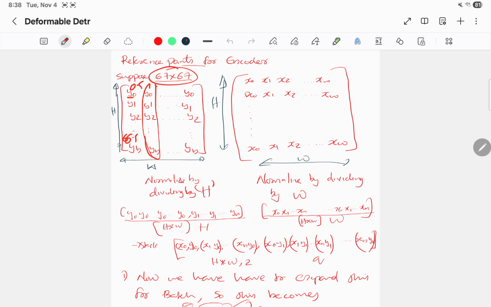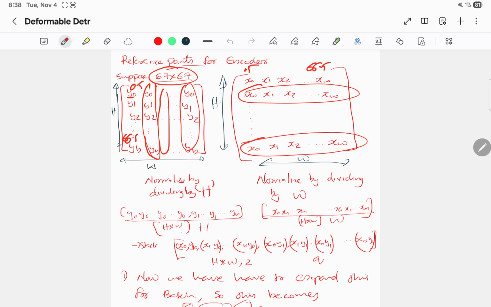Similarly, across all the rows it will be repeating, y0 to yn repeating across the rows. Here it will start and end at 67, repeating across all columns and here across all rows. Then we reshape and divide by height, so it becomes the normalized coordinate 0 to 1.